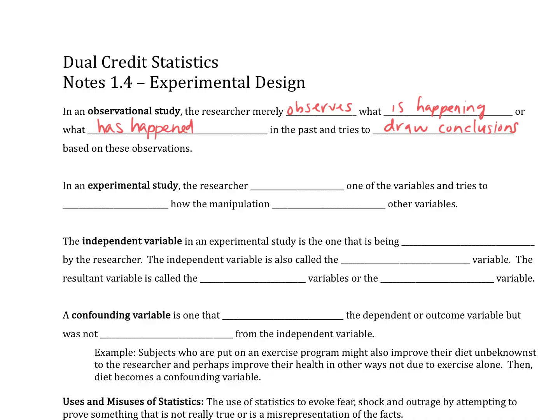In an experimental study, the researcher manipulates one of the variables and tries to determine how the manipulation influences other variables.